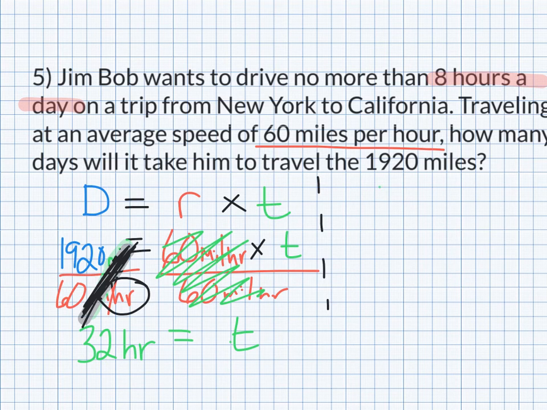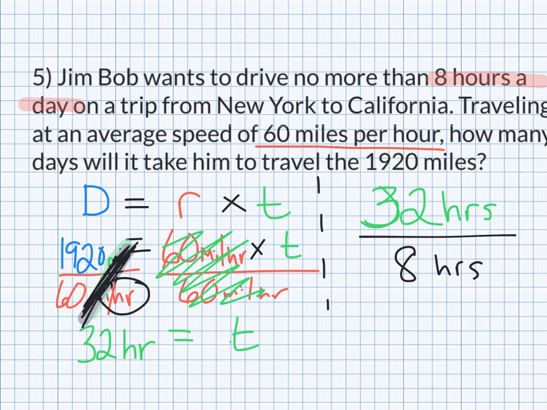So if the entire trip is going to take 32 hours, and he only wants to go 8 hours every single day, if we take this and divide it by that 8 hours, whatever we get here is going to figure out how many days it's going to be. So basically, how many times does 8 fit into 32?